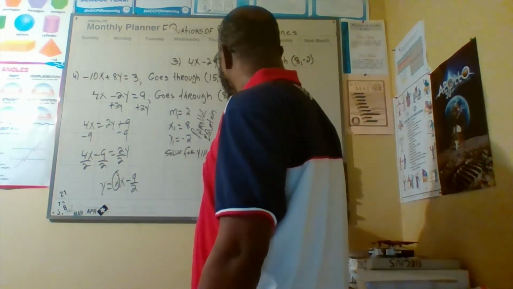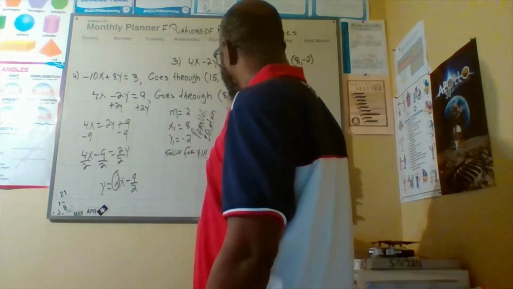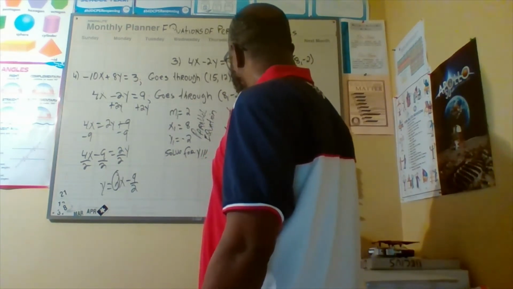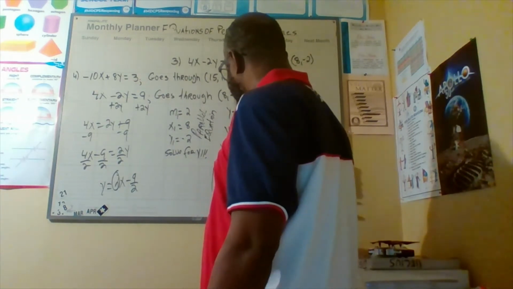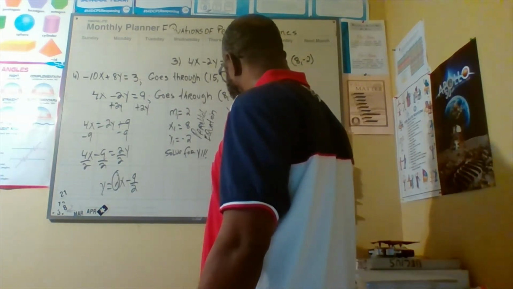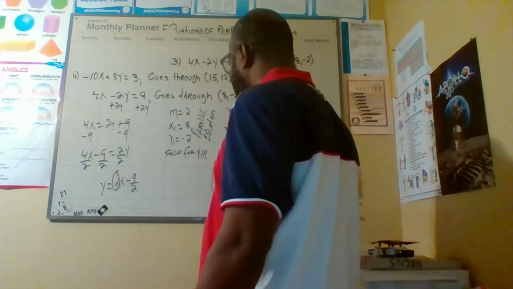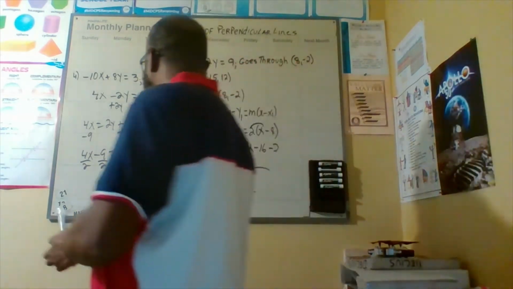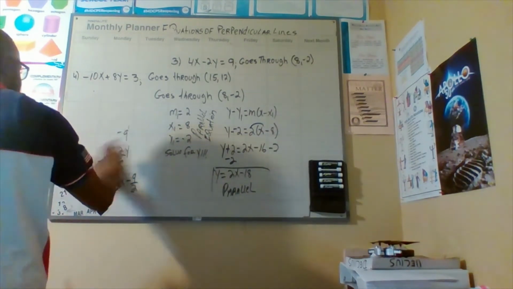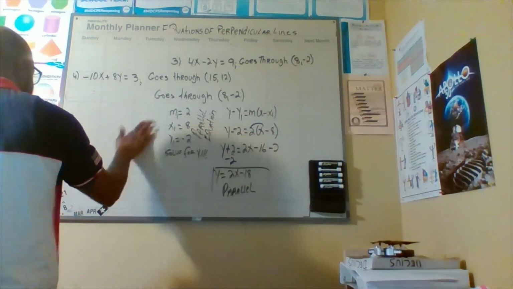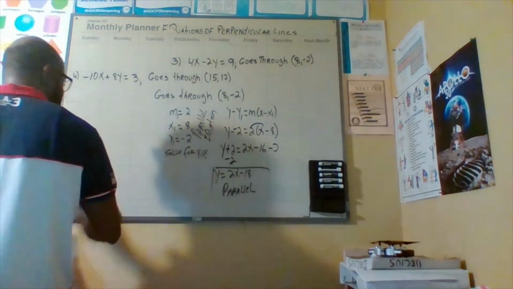Now to get the equation that is perpendicular, we have to tweak the slope. We cannot choose the slope 2. We need the slope that is perpendicular to that. Remember the rule is m1 times m2 is equal to -1. In this case, m1 was 2. You will have 2 times m2 is equal to -1, divided by 2.